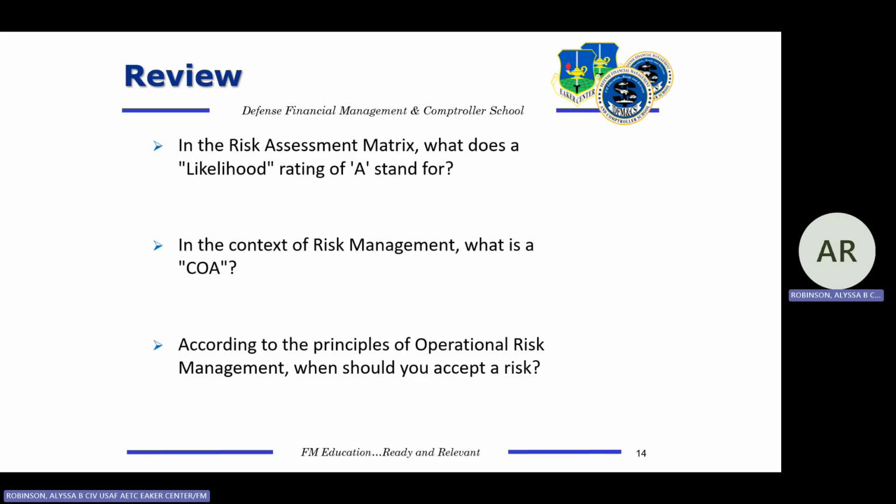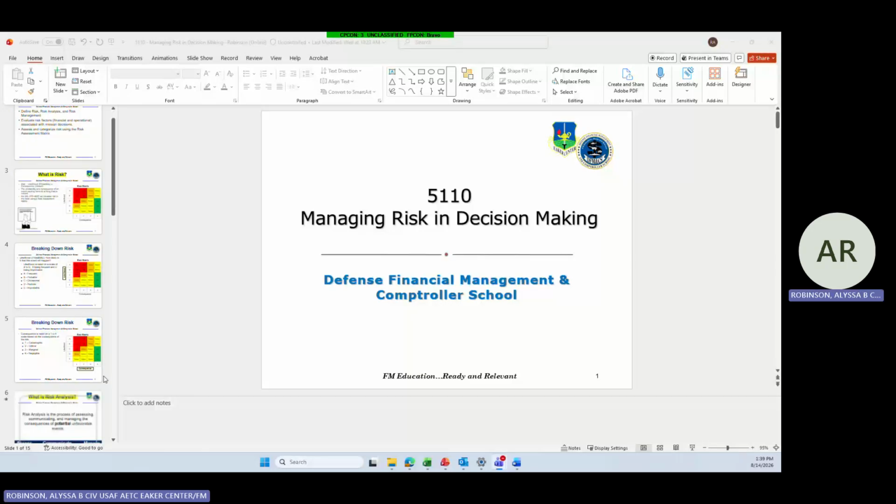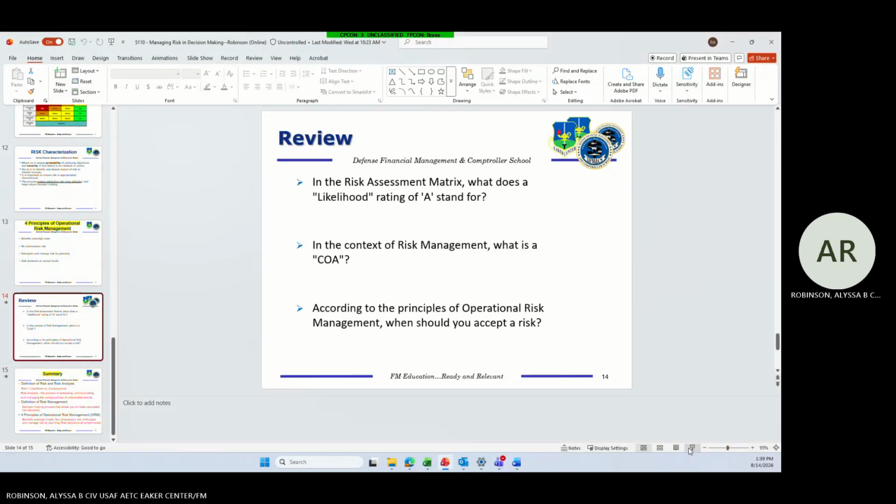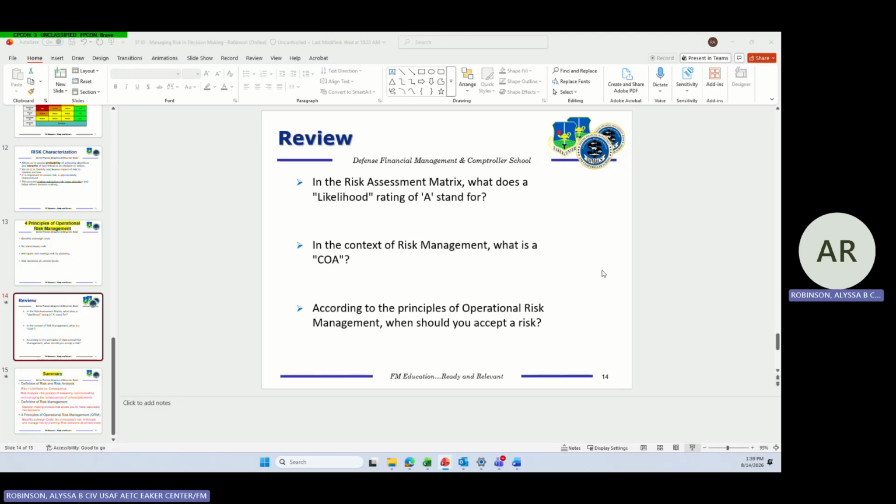In the likelihood in our risk assessment matrix, what does likelihood rating A stand for?